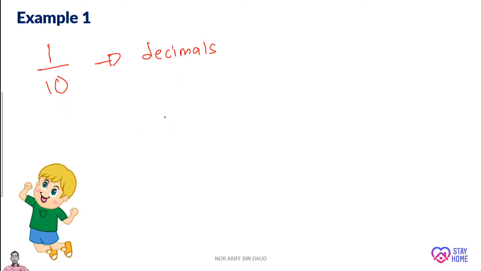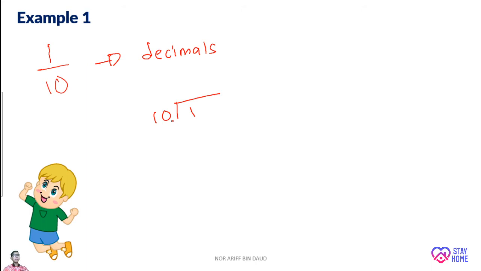Now we divide this one: 1 divided by 10. You have 1 pencil. You want to distribute 1 pencil to 10 people. It's impossible to give 1 pencil to 10 people, but you can cut this pencil into pieces to give to 10 people.